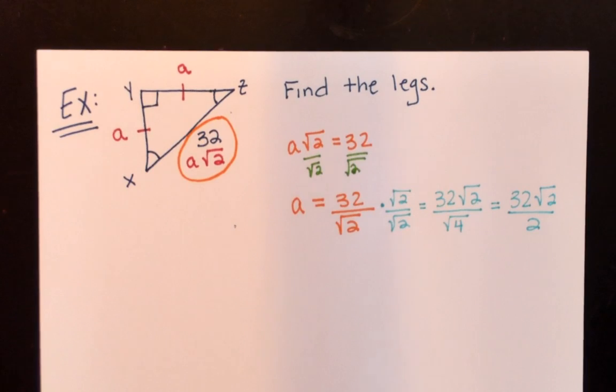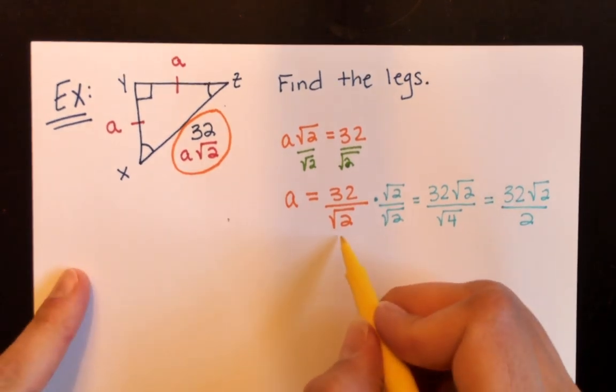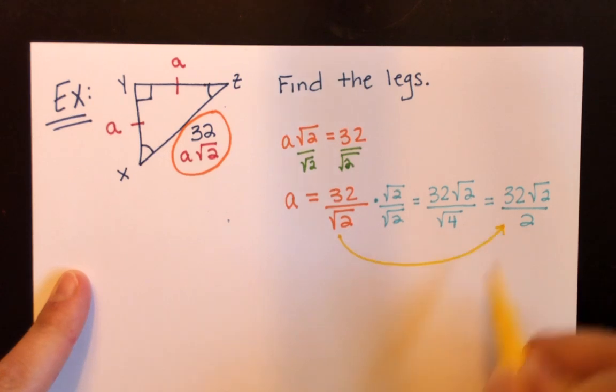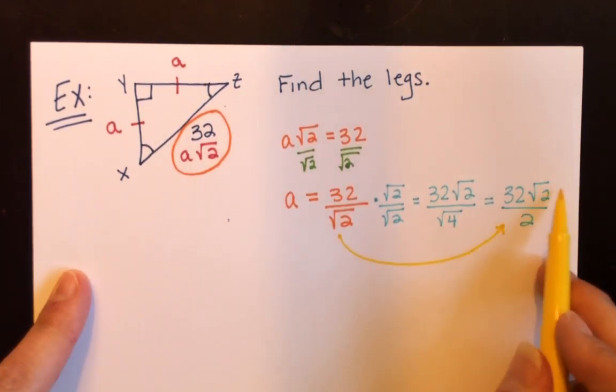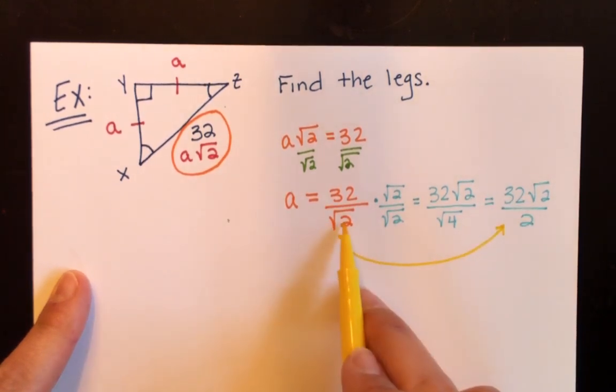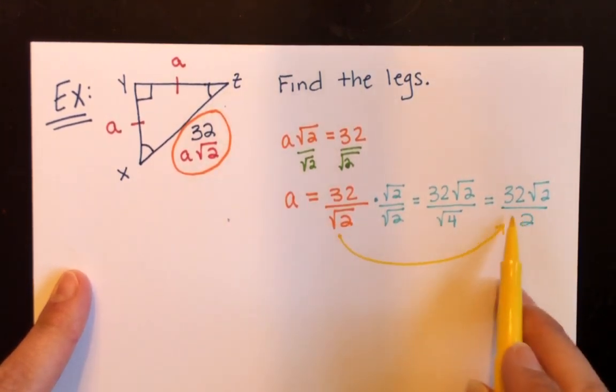So notice, some of us, if we see this pattern reoccurring, will be able to jump from this to this, because it will always be that radical 2 shows up on top. A 2, so just that number inside, shows up on the bottom.